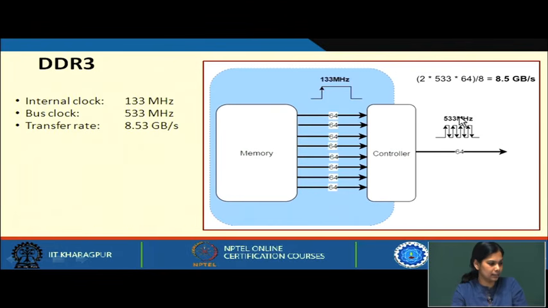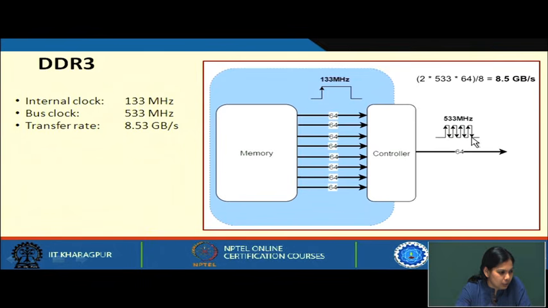Now, let us see what happens in DDR3. In DDR3, the internal clock is still the same, but now the bus clock has become 533. Bus clock has become 533 means you have 4 clocks in between.